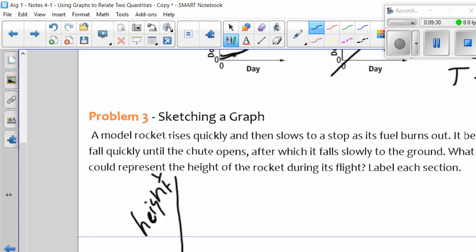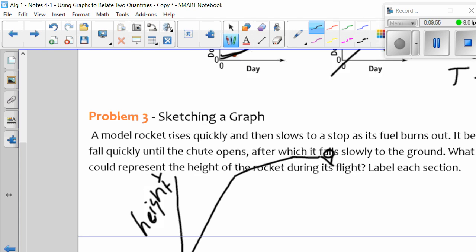I'm assuming that through the story, when we do hit it, it's going to take off pretty quick, okay? At a certain point, it's going to start to slow down as the fuel burns, so it's not going to rise as quickly. At some point, it's going to stop gaining height, and then the chute opens.